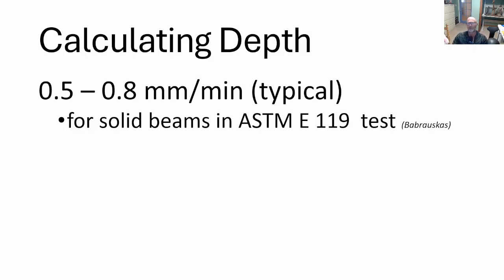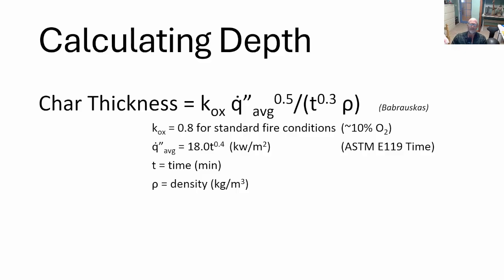Typically, at least the standard fire is defined as an ASTM E119 fire test. So that's a heating profile that materials are tested to. And if you apply that test, you can typically come up with a range for char depth of 0.5 to 0.8 millimeters per minute. And there's ways to formulate and correlate the ASTM E119 fire test with real world type applications.